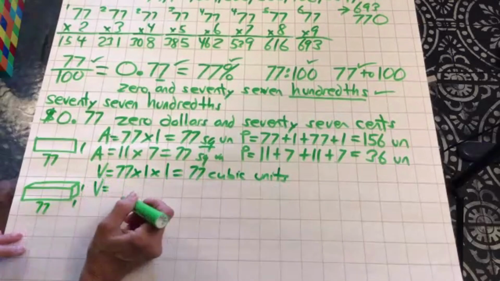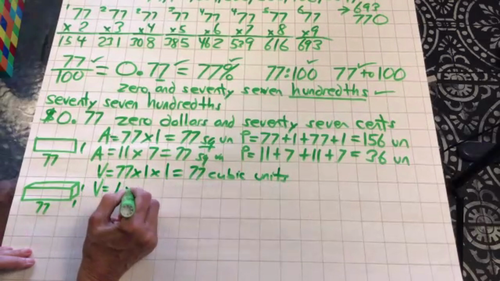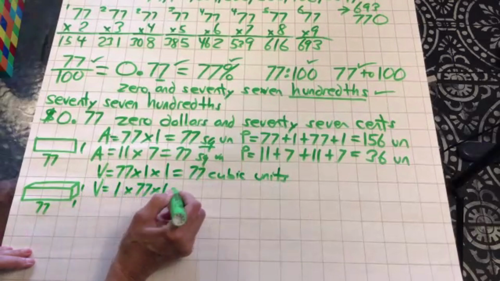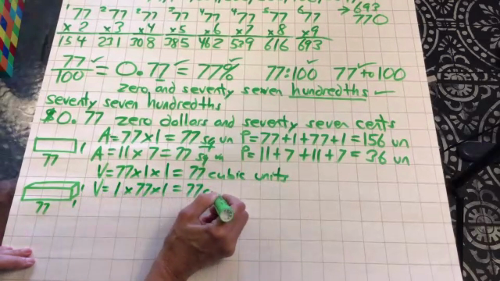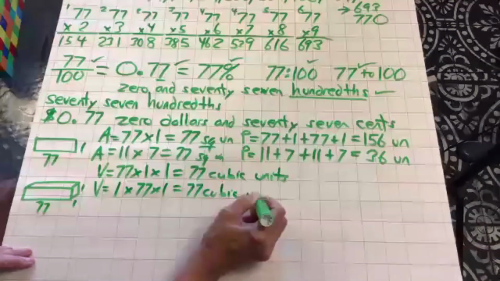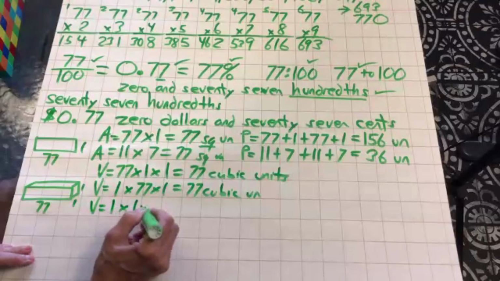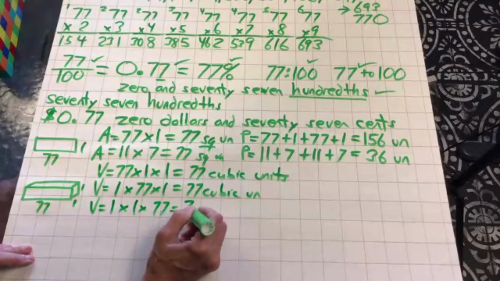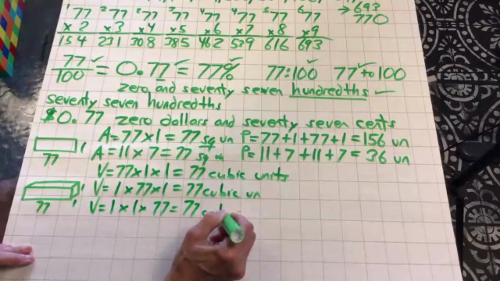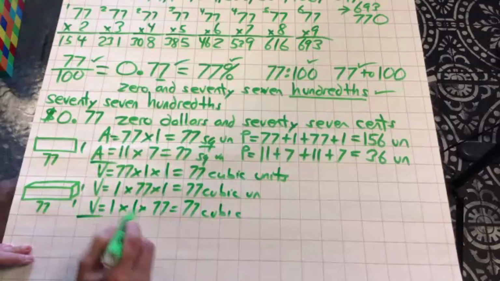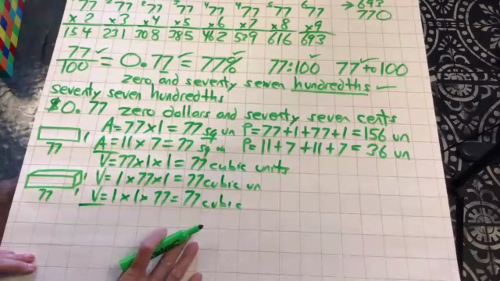And we can change that up into 2 other ways, which would be a 1 by 77 by 1, or we can have a 1 by 1 by 77. And that's 3 for that one, because that's only 2 different types of numbers.